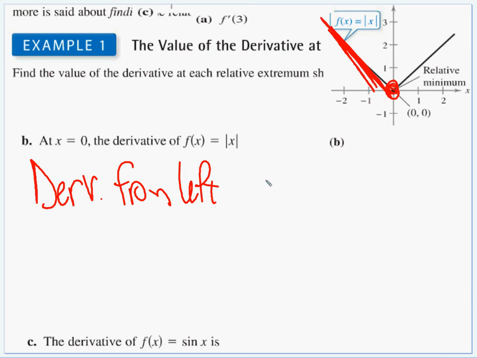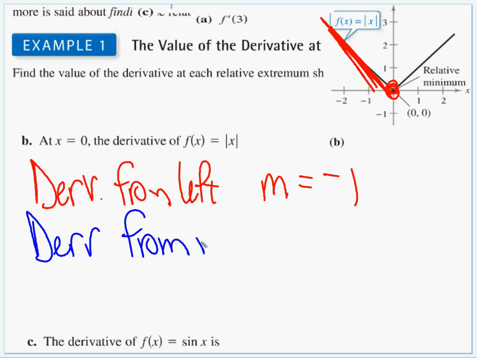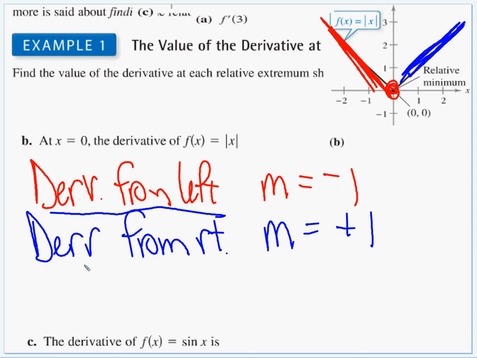What about the derivative from the right? So over here, the blue part, well, that slope is positive 1. So remember, if the derivative from the left and the derivative from the right are not the same, then that derivative does not exist. Derivative DNE.